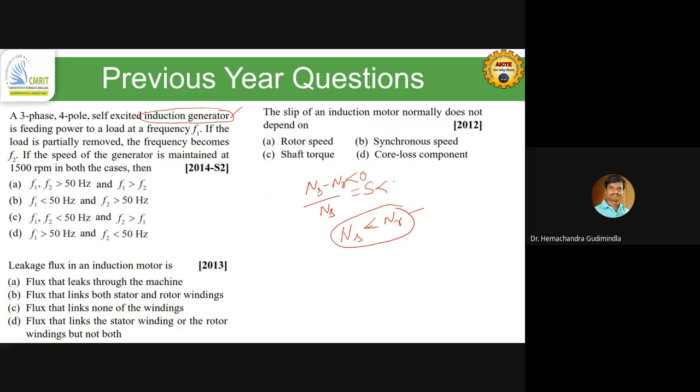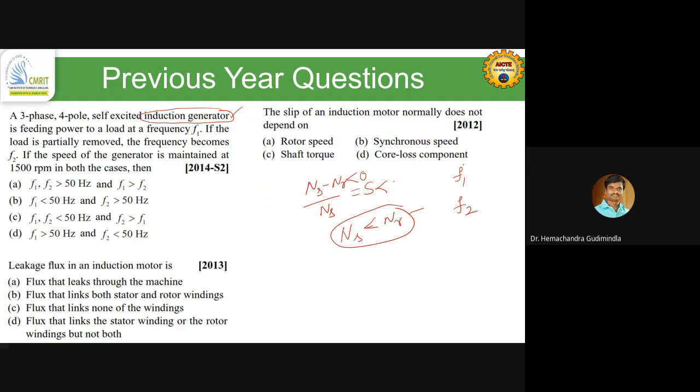Now for the generator, if you look at that question, the induction generator, we came to this first point. If load is partially removed, the frequency becomes f2. Previously the frequency is f1. If load is removed, then f2. But the speed is maintained constant at 1500 rpm in both cases.